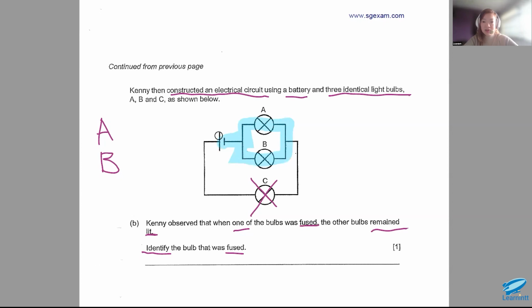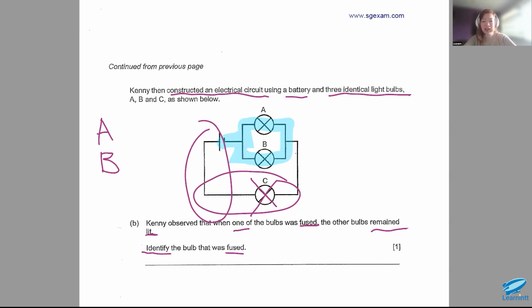But it's not a complete circuit because the other part of the battery over here is not connected because of the light bulb C. So if C is the one that is fused, A and B will never be able to light up. The circuit is just not complete.